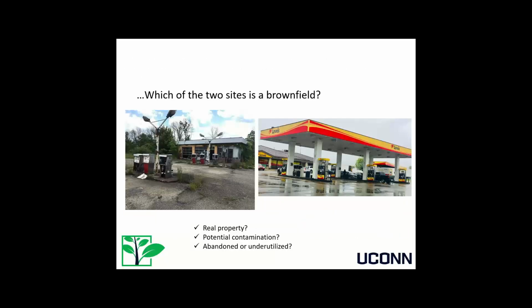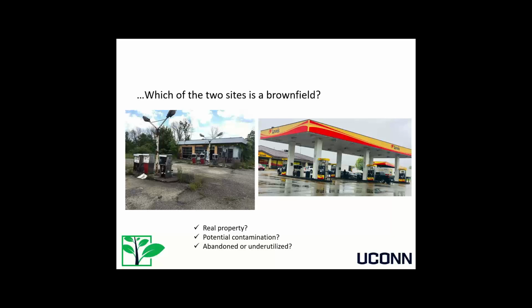Let's see an example here where, on the left picture, we have an old gas station, and on the right side of the picture we have a new gas station that seems to be active. The key concepts to ask are, first of all, is it a real property?